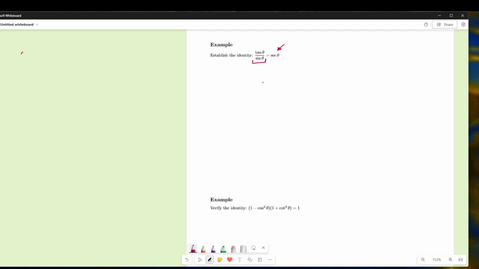There are generally a handful of nice tools that we're going to use, but in nice small problems, one of the things we can do is just look at what we know. We know that tangent theta is equal to the sine of theta divided by the cosine of theta, and that is in turn being divided by sine theta.